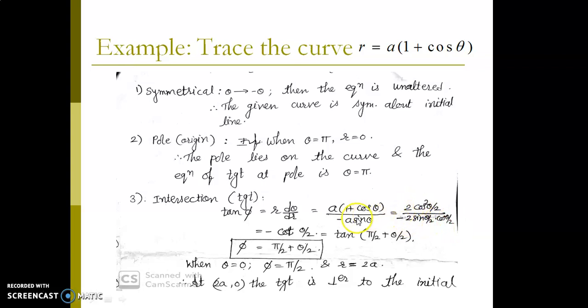These get cancelled. Here a gets cancelled. We get minus cos theta by 2. We convert this in terms of tan, so here the terms get cancelled. We get phi equal to pi by 2 plus theta by 2. When theta equals 0, phi equals pi by 2 and r equals 2a. Therefore at the point 2a, 0 the tangent is perpendicular to the initial line.